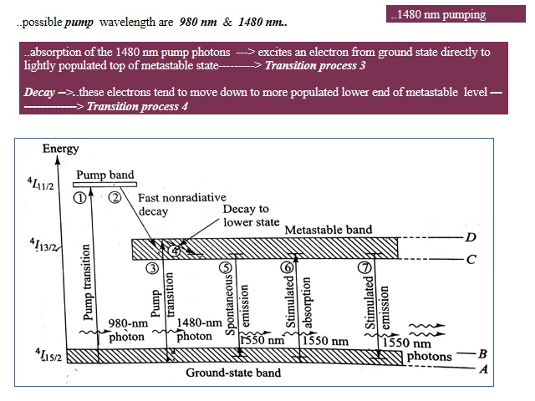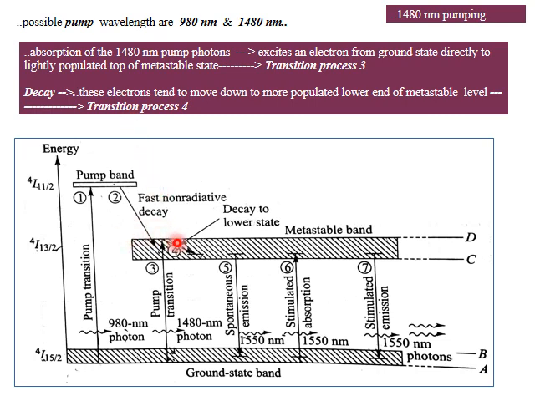So here there will not be transition processes 3 and 4. Here, again a light beam at a particular frequency falling on the ground state band will excite the Er ions. The valence electrons will jump to the D layer. Here you can see the arrow mark is shown, jumping to the D layer, exciting electrons from the ground state to the lightly populated D layer.